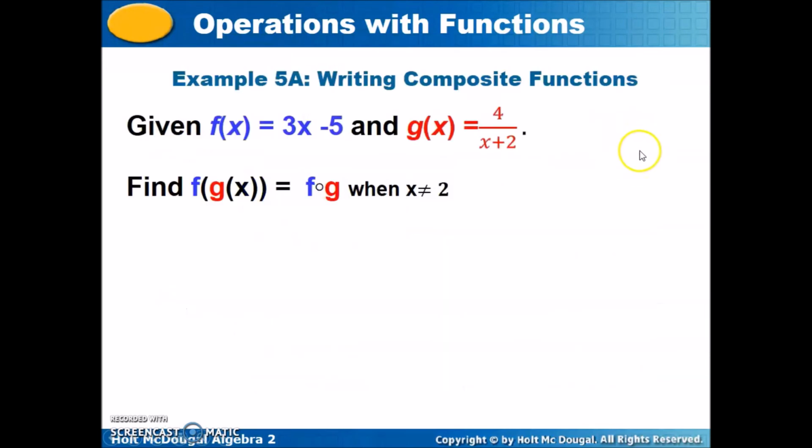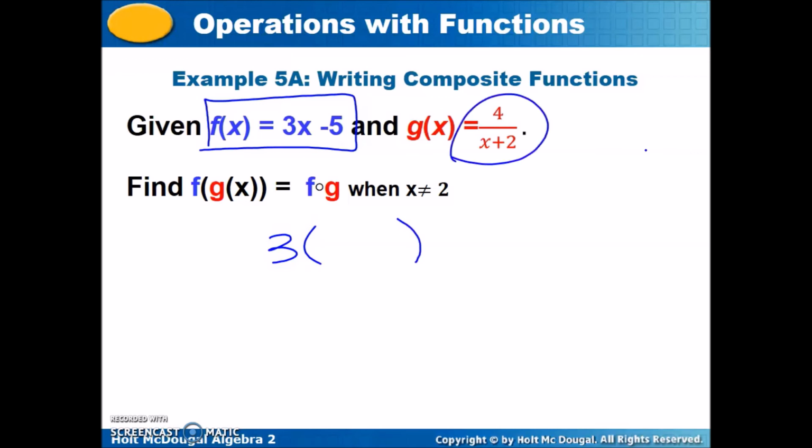All right, so the next thing we're going to do is write composition functions using just equations, okay? With these, we're going to work from the outside in. The others we work from the inside out, but these we work from the outside in. We've got this f of x right here. So we're going to say 3, and we're going to put a parenthesis where the x goes because we're going to put this equation in for that x, okay?